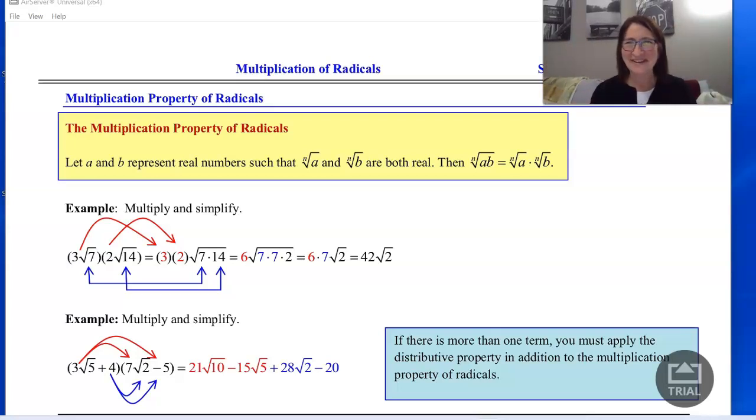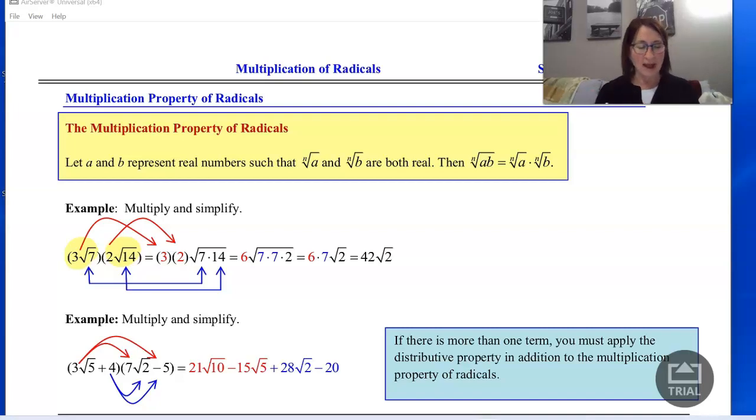That's okay. All right. So let's say, for example, in this first example, that we are taking just one radical expression times another. Okay. So that's really what we have. 3 square roots of 7 times 2 square roots of 14.